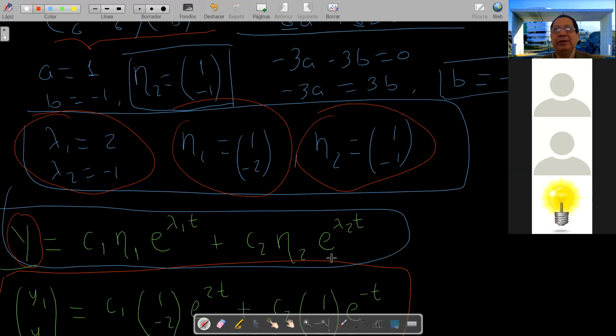And this is very similar to the solution given for a single homogeneous linear first order equation. Of course, because you still have two of those equations. And so the solution is written in a similar fashion, but this time we are using the eigenvectors and the eigenvalues.